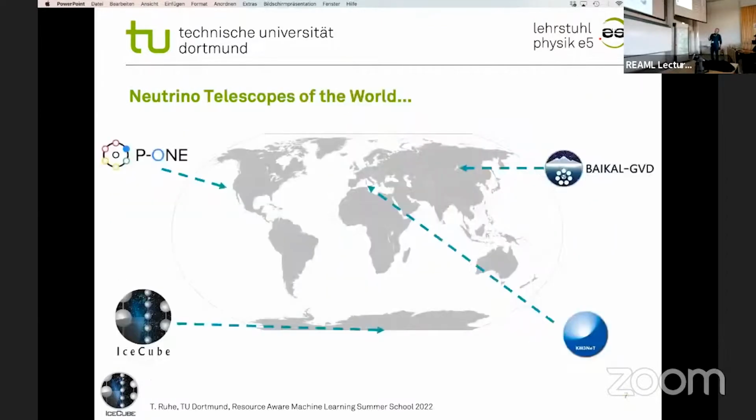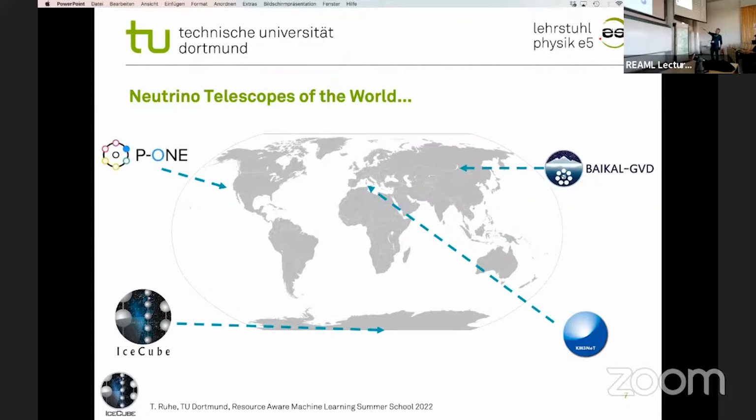And okay, these are the neutrino telescopes of the world. There are several of them, some of them under construction. IceCube is the one I'm going to talk about mostly. It's at the South Pole. Then there's one called KM3NeT in the Mediterranean. One of the older ones that's been upgraded lately is in Lake Baikal in Russia.